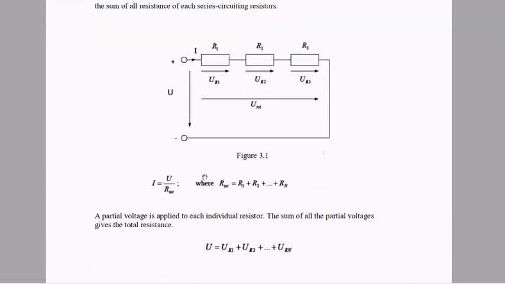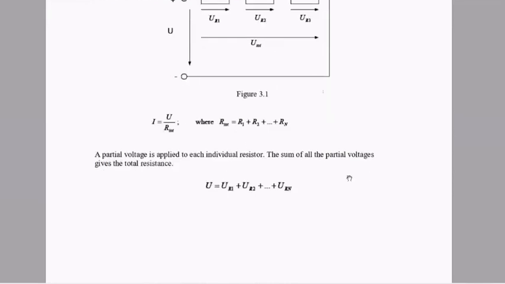You can see here, I equals U over R total, where R total is equal to R1 plus R2 plus Rn. A partial voltage is applied to each individual resistor. The sum of all the partial voltages gives the total voltage, U equals UR1 plus UR2 plus URn.